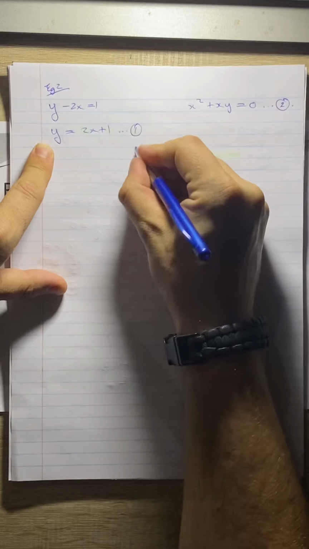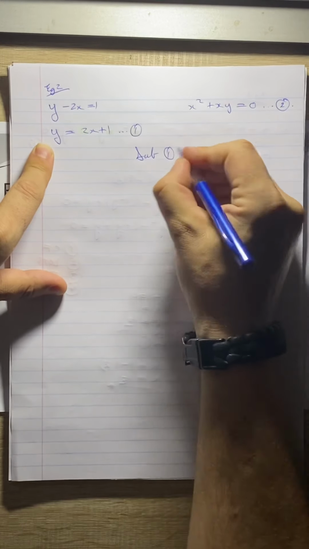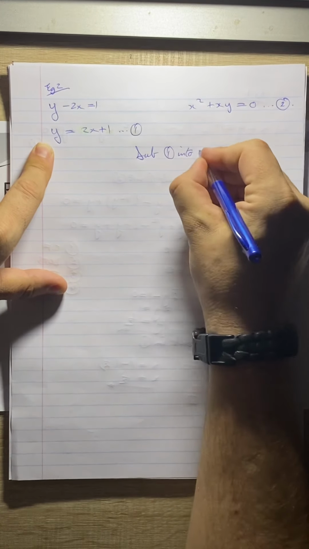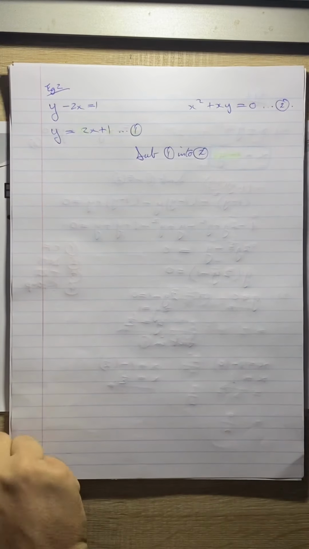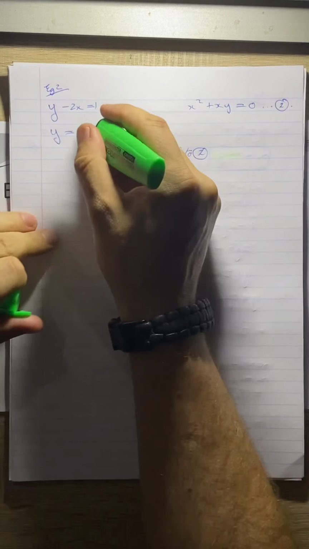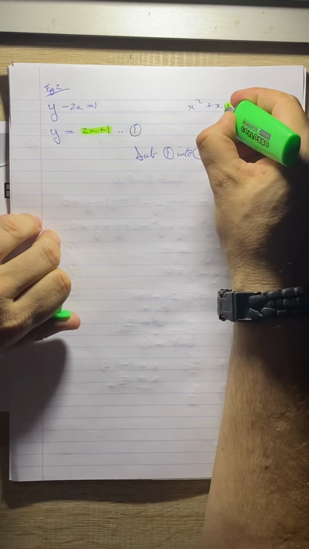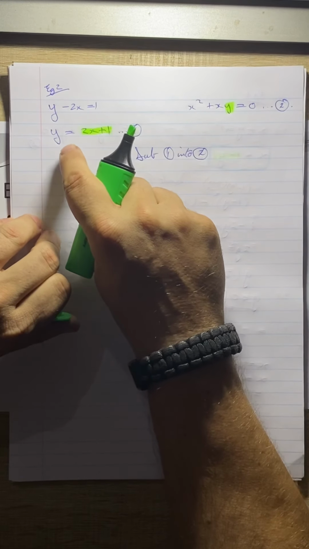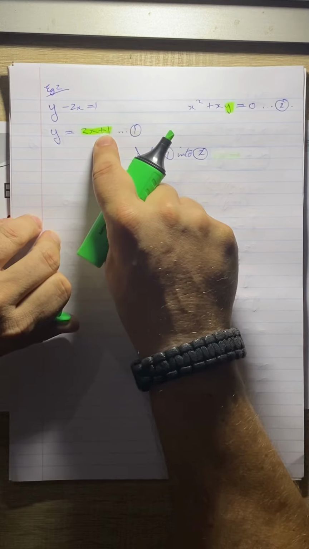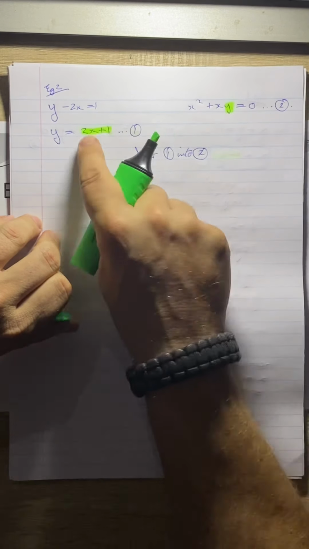Okay, so sub 1 into 2. In other words, wherever I see a y in this one here, I'm going to replace it with 2x plus 1. So that y there will become 2x plus 1.